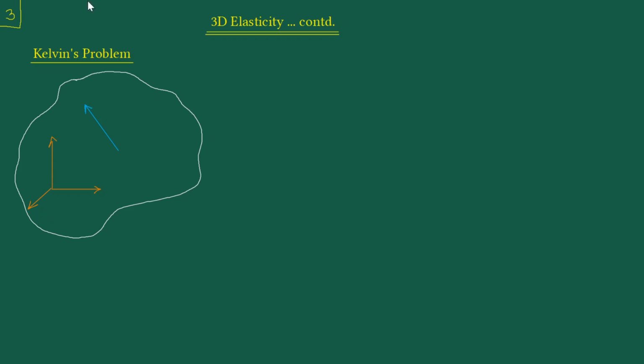Let's say this is x1, x2 and x3, and the position vector of the point where this point body force, this blue colored arrow, is acting, this point here, is this xi vector. Now it has been set up in a general fashion.